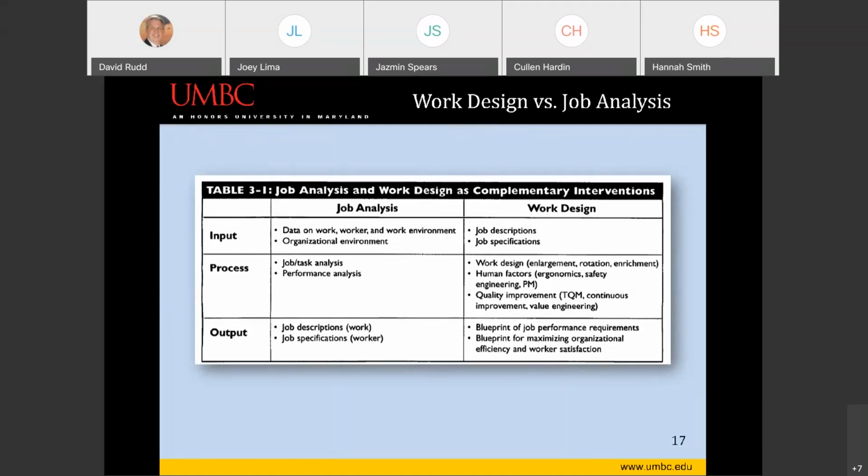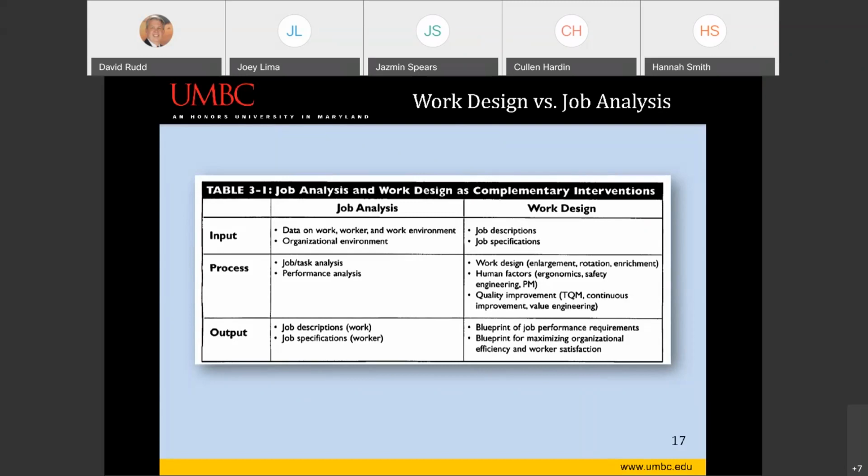So when we compare both in the process block, to conduct a job analysis, job and task analysis and also performance analysis are performed. Now, under work design, there are multiple processes that are used. There's work design called enlargement, rotation, enrichment, which we're going to cover, human factors, ergonomics, safety engineering, we're going to cover that, and also quality improvement, which we are not going to cover in this course, but we are going to cover at least a couple of those. Okay.